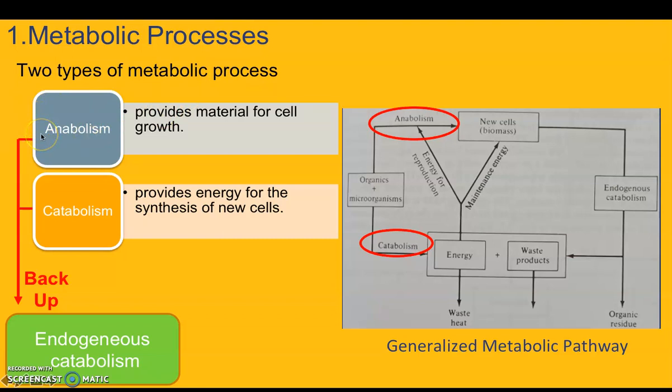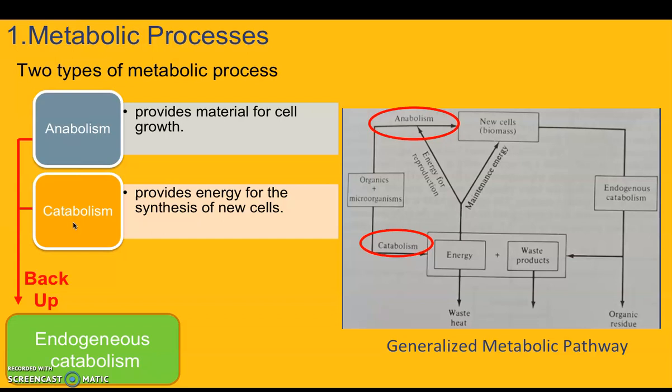The first one is anabolism, which provides the material necessary for cell growth. The second one is catabolism, which provides energy for the synthesis of new cells, as well as the maintenance of other cell functions.